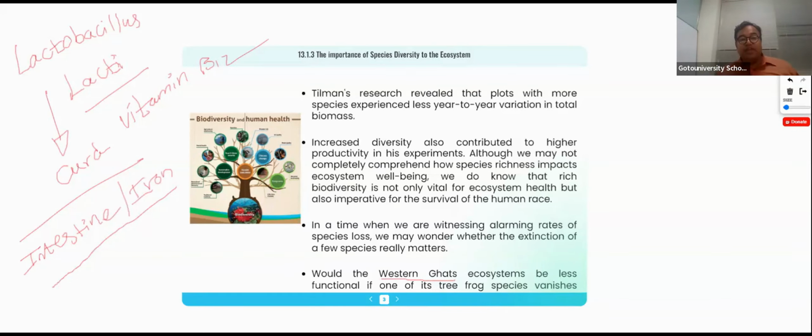So here, why is the ecosystem more beneficial for the human race? For that, we gave the example. Lactobacillus makes vitamin B12 in the curd, and this vitamin B12 in the intestine is responsible for iron absorption. This iron absorption in the intestine is very important for the human being to make hemoglobin, which is symbolized as Hb.